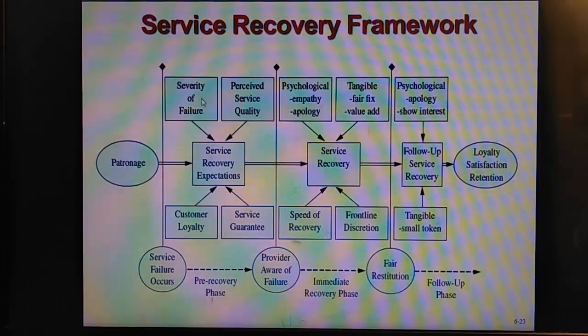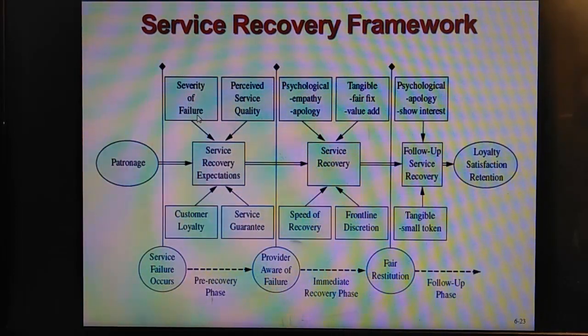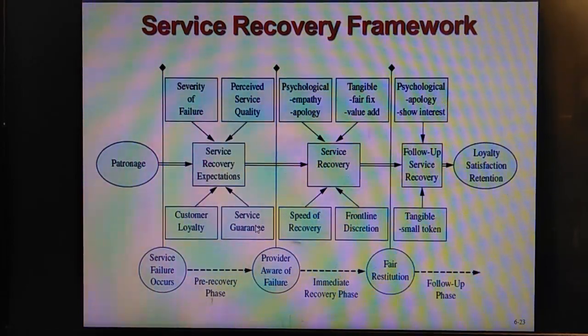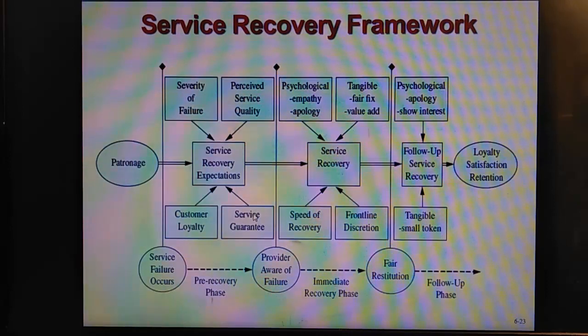Is it a disaster or is it small? And the customer will also make a judgment on their experience, the perceived service quality. Is it excellent or bad? And this will be judged against the service recovery expectation. From there, the customer will decide whether they want to be loyal or whether they are assured by the service guarantee.